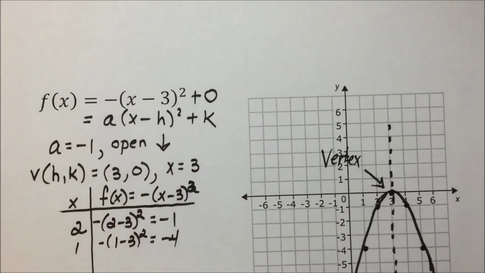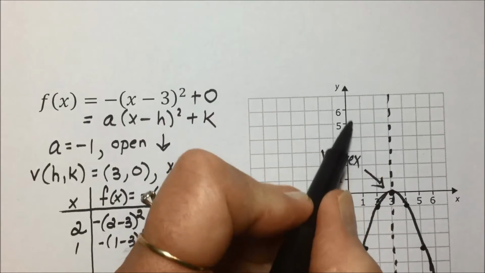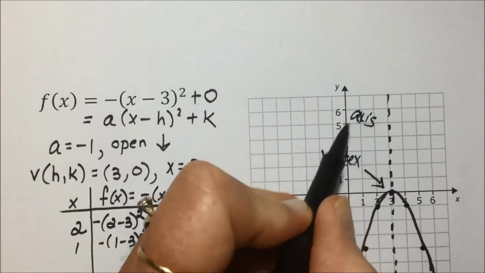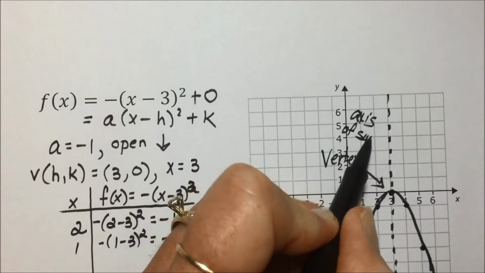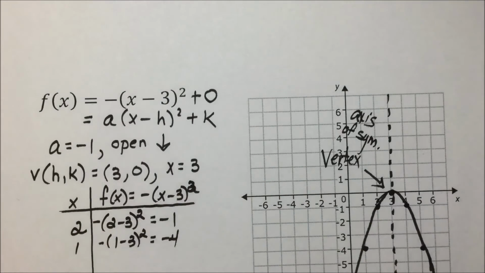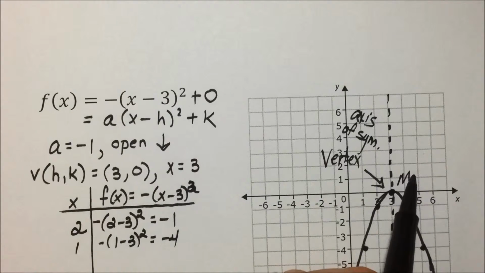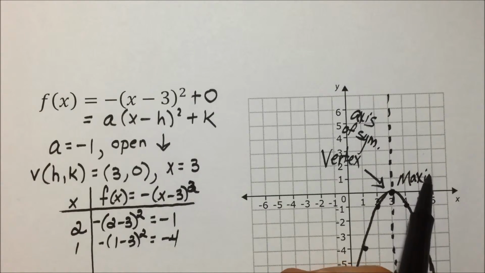Our axis of symmetry here is this vertical line. And as for whether the vertex is a maximum or minimum, because this is opening downward, the largest value that this function takes on is here at this point, and so this becomes our maximum.